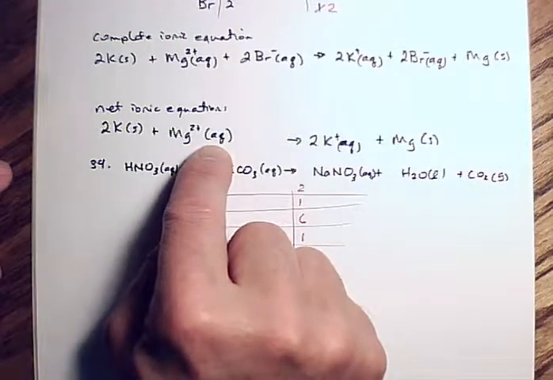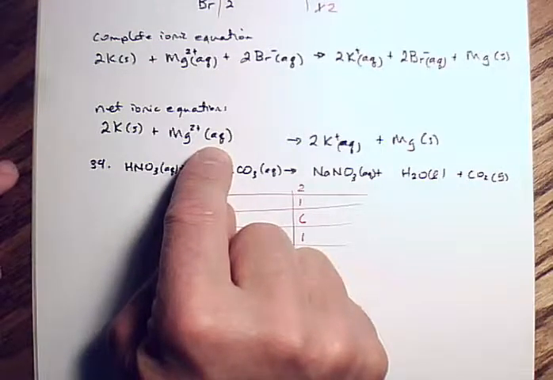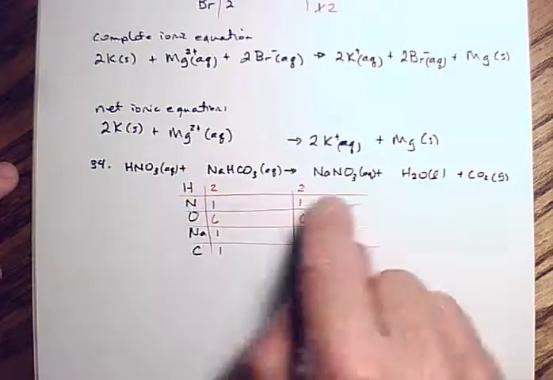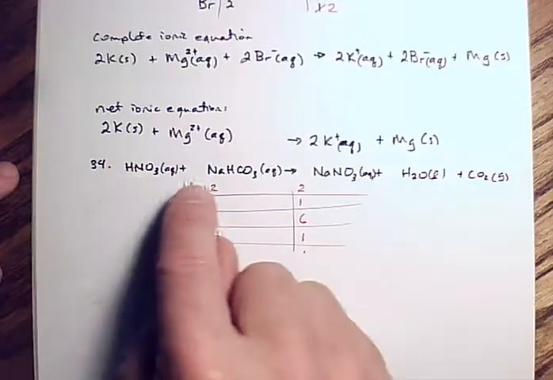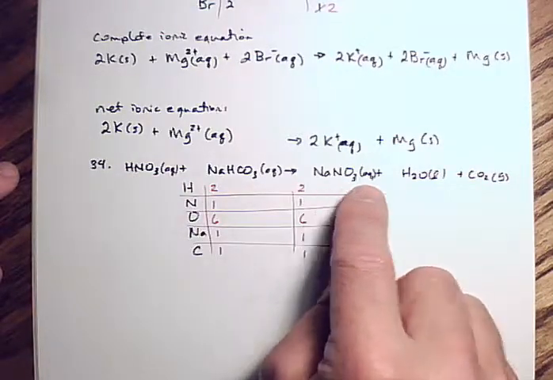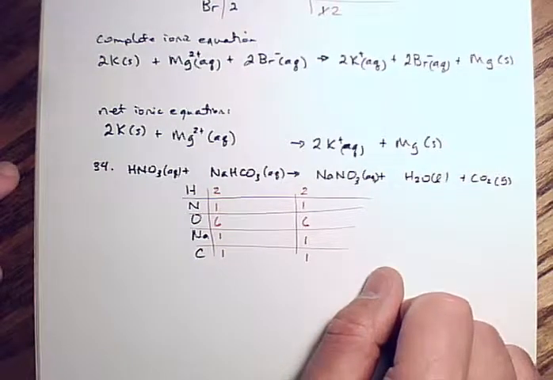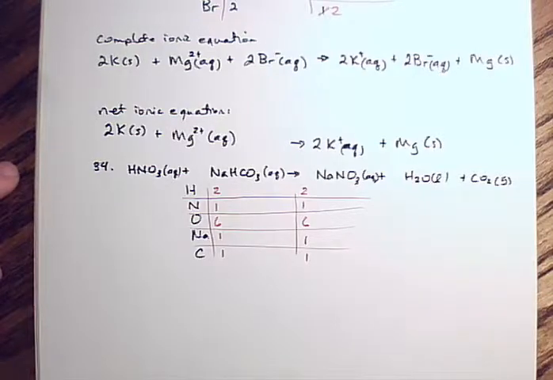So the symbol AQ means aqueous. Aqueous means it's dissolved in water. Okay? Now I didn't write the complete net ionic equation here. This is going to split up, that's going to split up, that's going to split up, and these two are not. Okay? Yes? Can you put in like Sure.